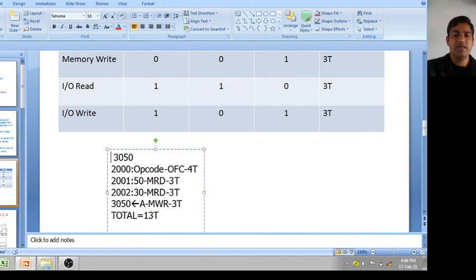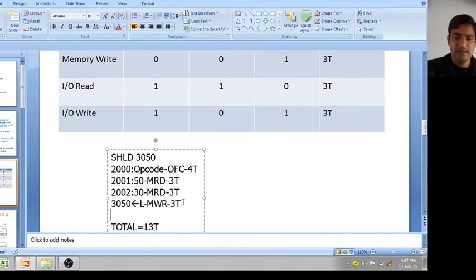One more example. Suppose I am taking SHLD 3050. What will happen? First fill the bytes: 2000 opcode, in 2001 50 will come, memory read, in 2002 30 will come, memory read. Then SHLD means the contents of L are going into 3050, so memory write.